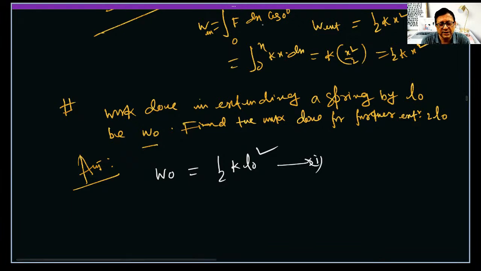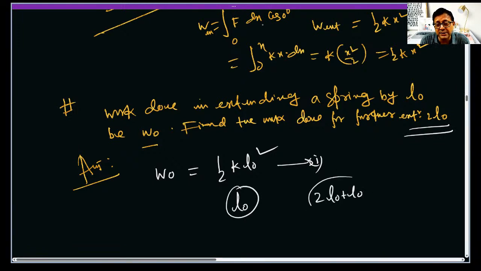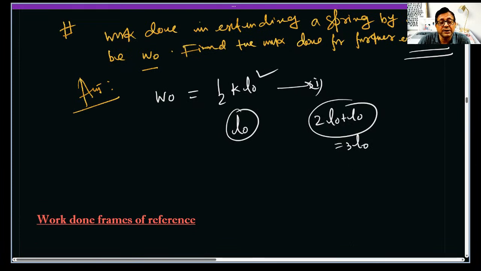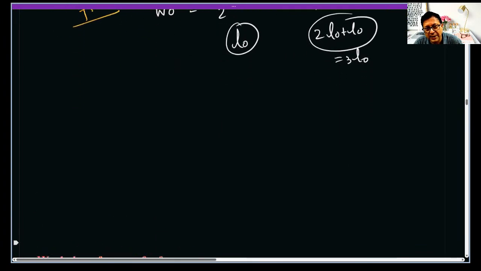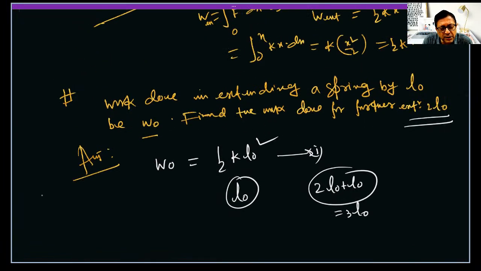Spring work is negative. In the second case, when it is extended, the initial extension is L0, final extension is L0 plus 2L0. This is 3L0. You have to find the work done in this case. How to find work done in this case? We go by the formula.